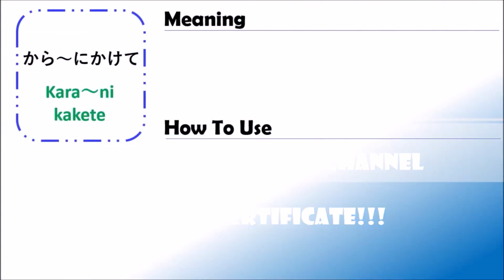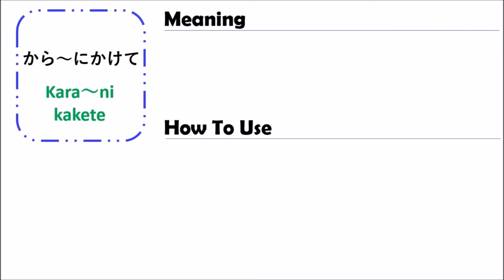Going to learn about the grammar of kara nani nani nikakete. Kara nani nani nikakete means through or from A to B. When you use the grammar of kara nani nani nikakete, it means you take one town to another town, or one season to another season, or one situation to another situation.